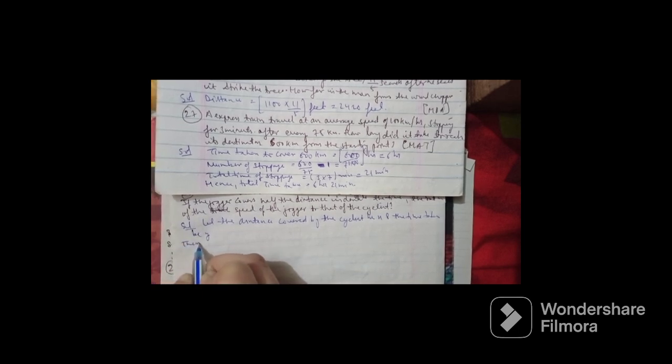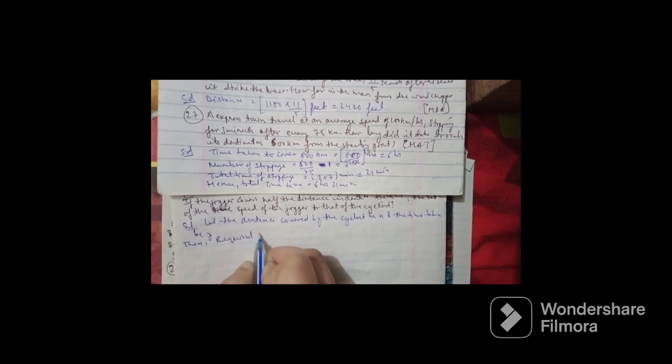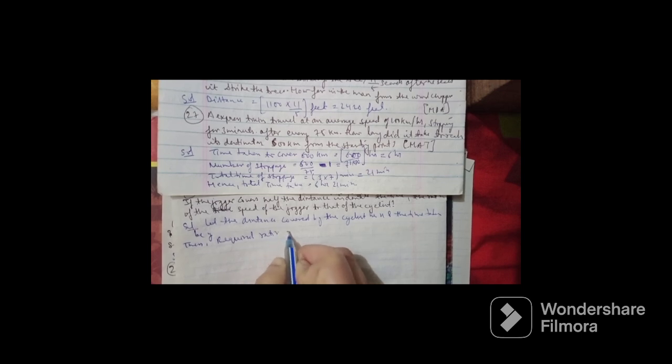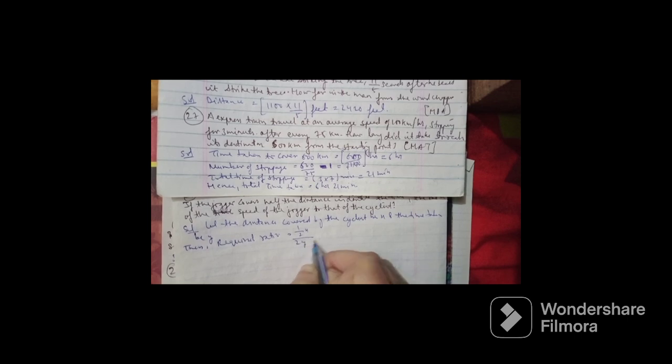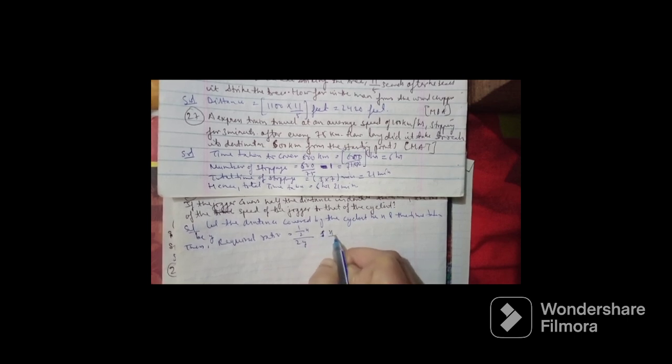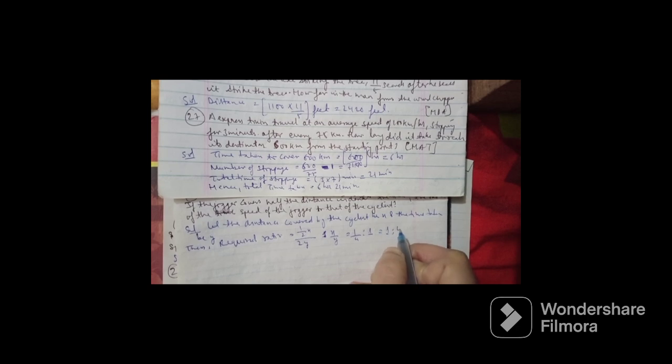Then the required ratio equals (1/2 x upon 2y) to (x by y), which equals 1/4:1, which equals 1:4.